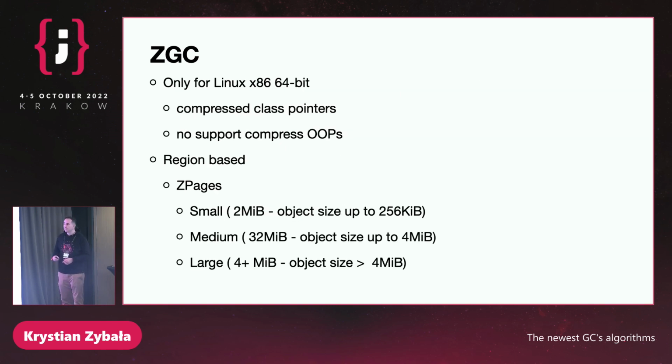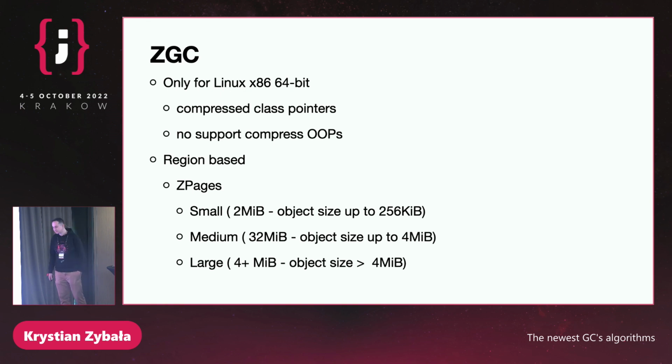But what you have to know is that ZGC only works on Linux systems. Of course, Mac is supported, but there's only 64-bit support currently, and 32-bit will never be supported, and I'll explain why. ZGC currently supports only compressed class pointers, not object pointers.